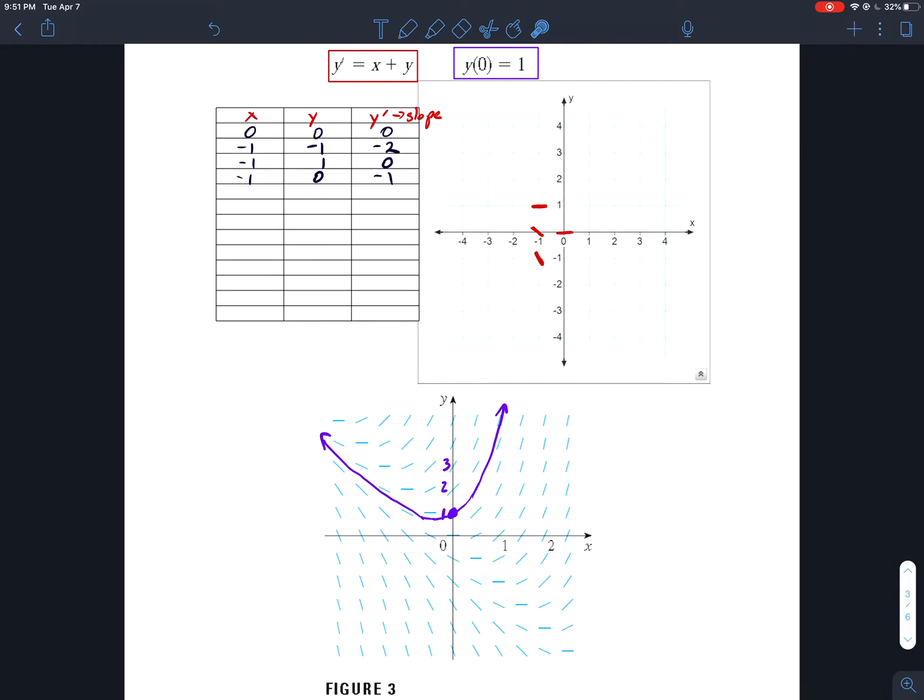Somebody else might draw theirs slightly higher or slightly lower, but it's pretty close. This curve, if I knew what that function was, is the solution to y prime equals x plus y at the particular point 0, 1.